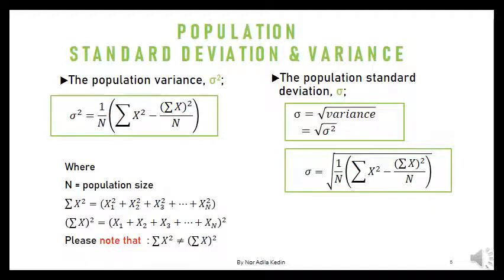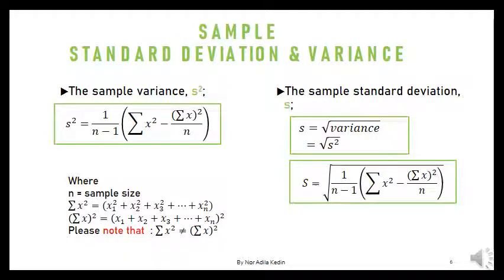So, this is the formula for standard deviation and variance. Now, like I told you before, kita tak tengok population punya variance and standard deviation. Population ni kita tak tengok. Okay, so I'm going to skip this part. Saya pergi kepada sample standard deviation and variance. So the formula will be given. Okay, dalam final exam, formula akan diberi.